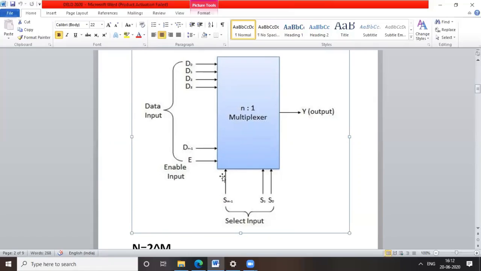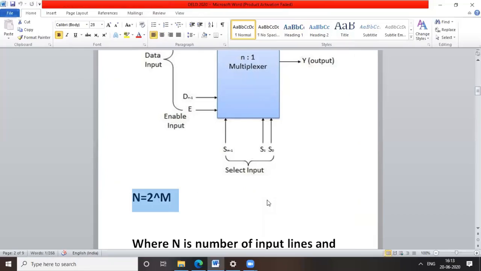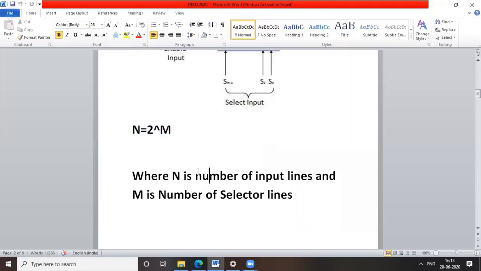So, you must know what is the relation between number of input line and number of selector line. So what is that relation? The relation between number of input line and number of selector line is n is equal to 2 raised to m, where n is number of input line and m is number of selector line. So I can say that if I have 3 selector line, then how many input line we can have? So 2 raised to 3, that is 8.